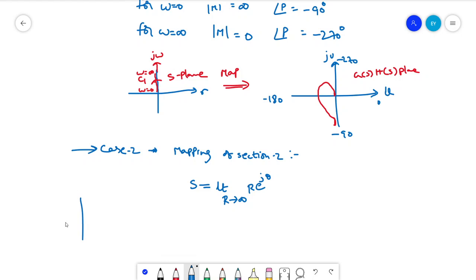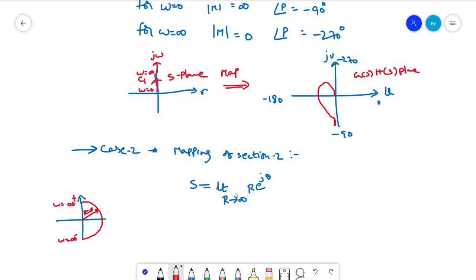Because as you see in the S plane, we will be starting at minus infinity. At omega equal to infinity plus to omega equal to infinity minus, this whole thing will be infinity actually. Our radius will be infinity.